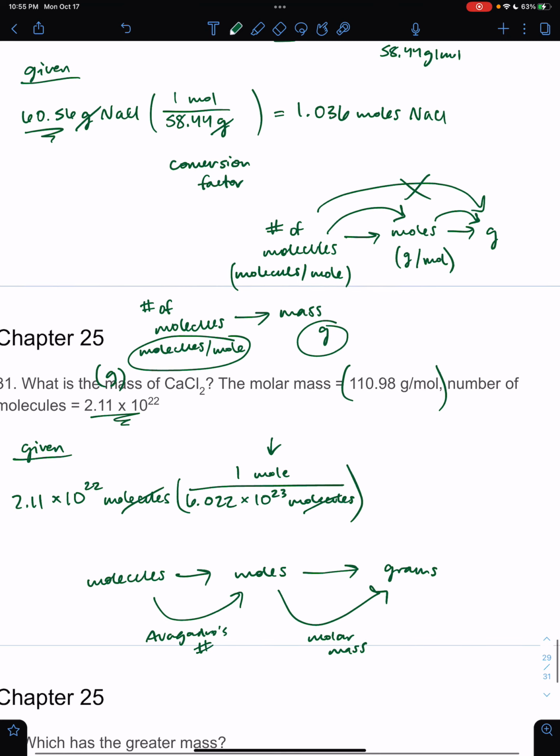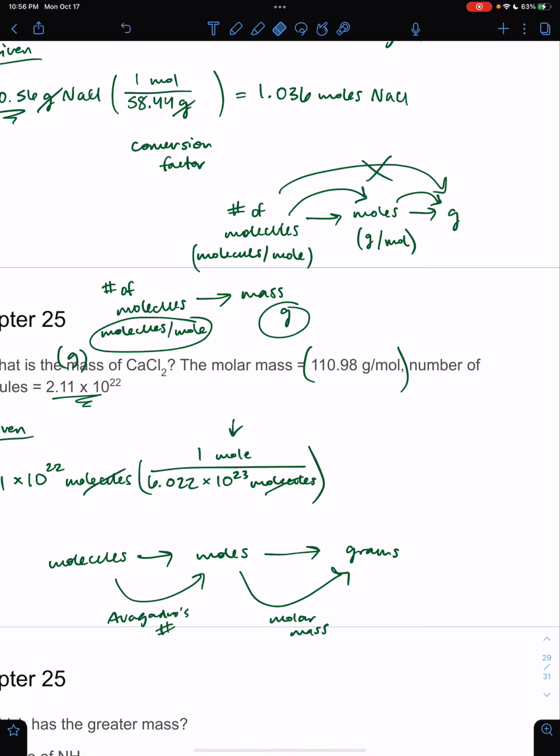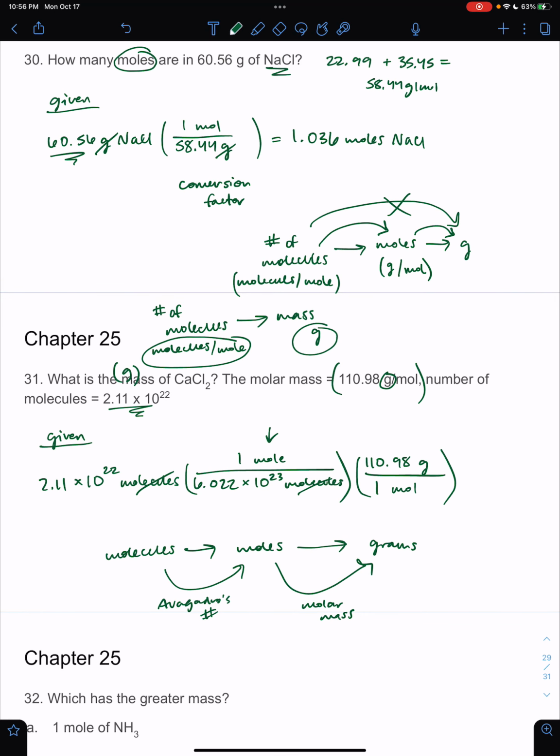And that was already provided. So all I have to do is set up a conversion factor. We want to cancel moles and be left with grams. So we're going to put moles on the bottom, grams on the top. So that means moles are going to cancel. We're going to be left with grams, which is what we wanted.